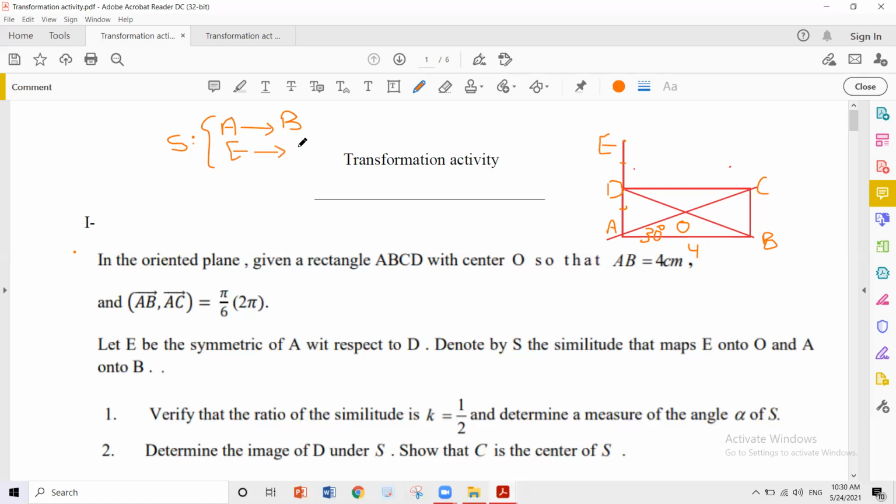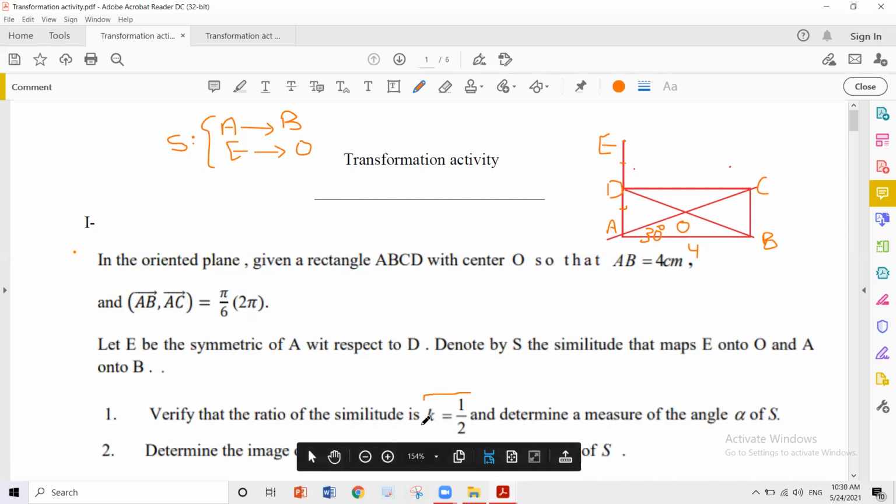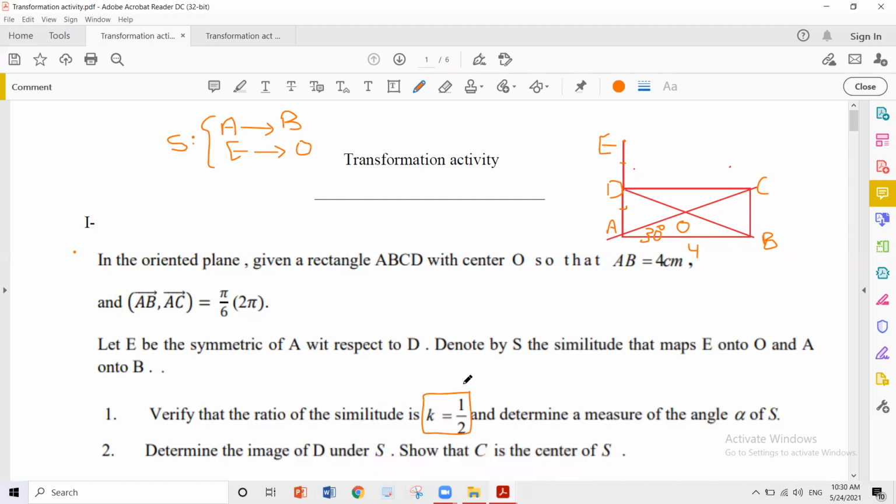How to calculate the first part? How to verify that the ratio is equal to half? How to calculate the ratio? How to calculate K? OB equals K times EA. Okay, BO or OB, yes.